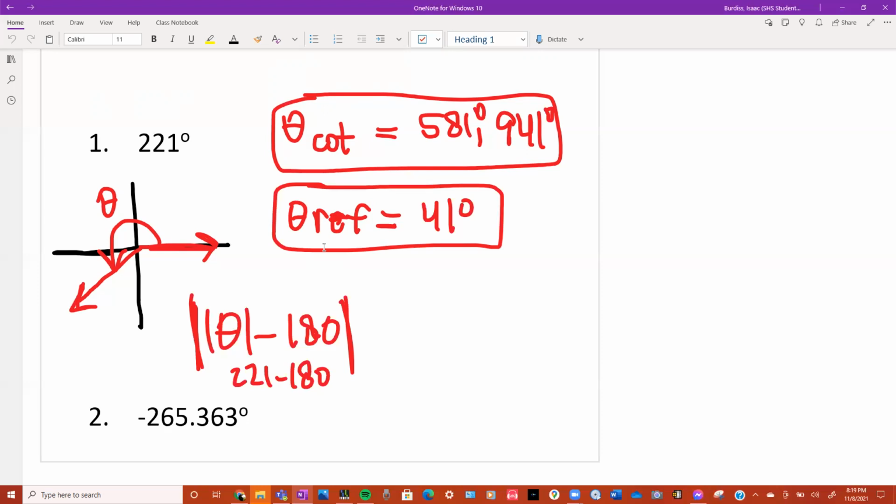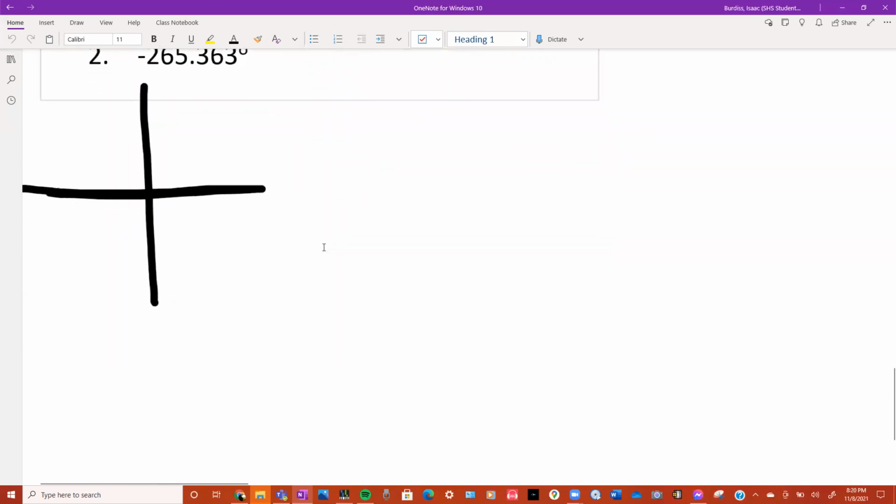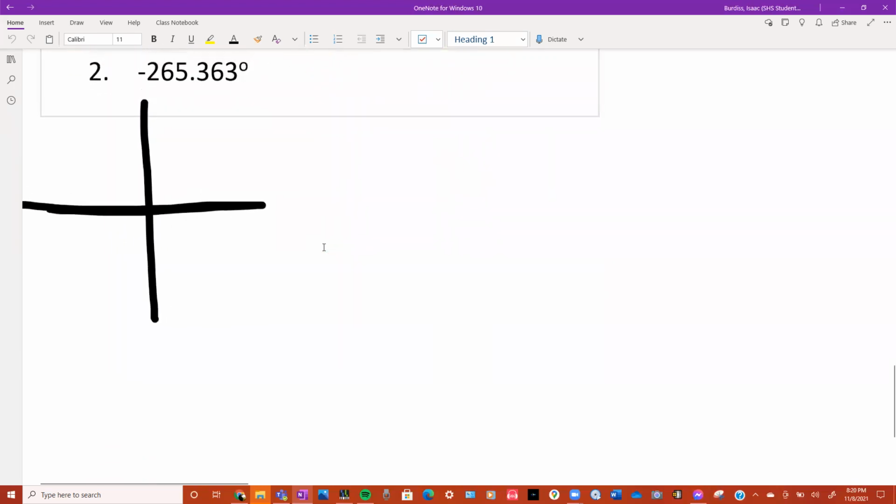All right, next one. This one's a little bit harder. Negative 265.363. That's a little bit hard to graph, but that's okay. It's actually going to be close to last time, but it's negative this time. So assuming standard position, that's where the initial side is. The terminal side is what we're trying to figure out.